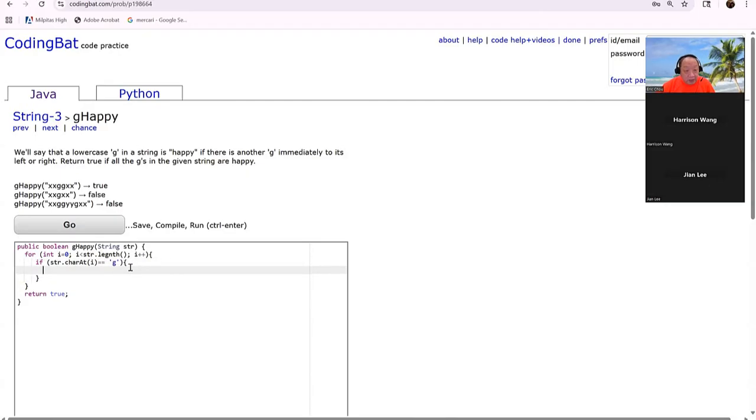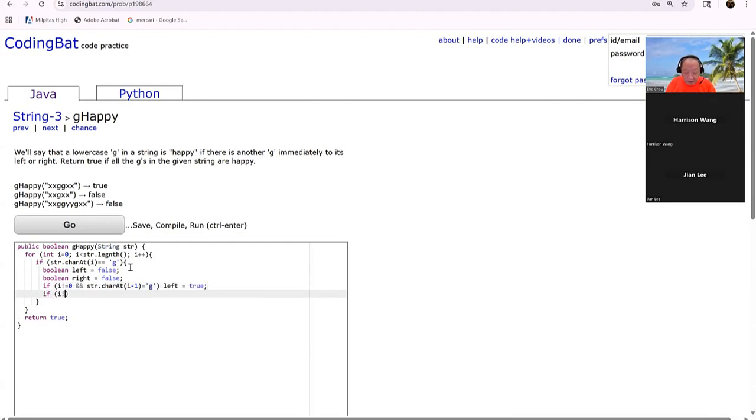After you do this, you are going to detect an unhappy G. So right now, you check every G, and then you say the left side is default unhappy, and the right side is also default unhappy because you may not have the letter. So if i not equals 0 and str dot character at i minus 1 is a G, then your left side is happy.